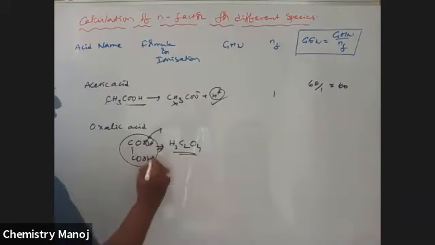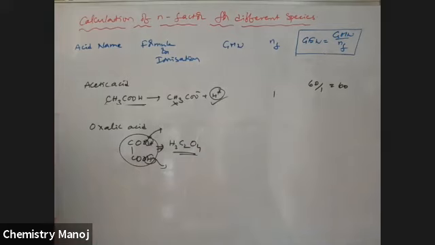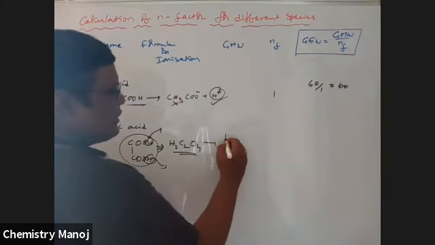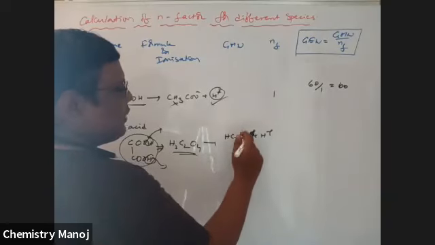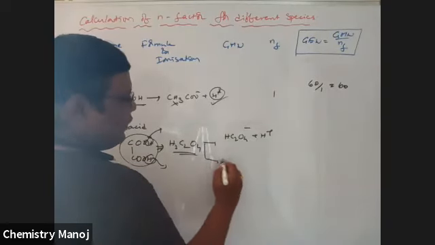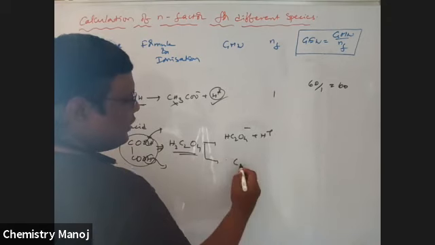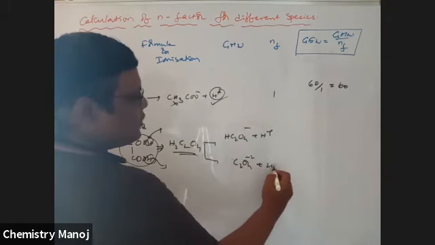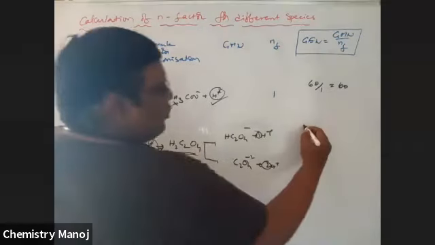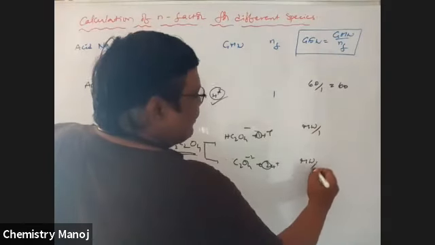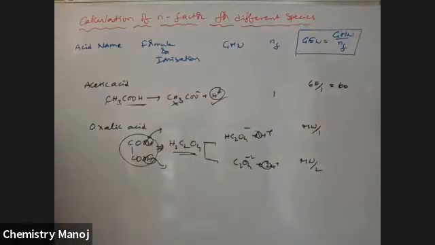This hydrogen may be released, this hydrogen may be released. That means the basicity is maximum 2. It may release HC2O4 minus plus H plus, or C2O4 2 minus plus 2H plus. Here the basicity is 2, here the basicity is 1. Therefore, molecular weight by 1 and molecular weight by 2 are possible.